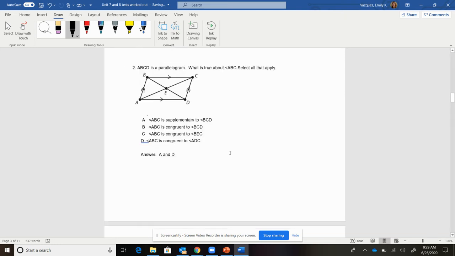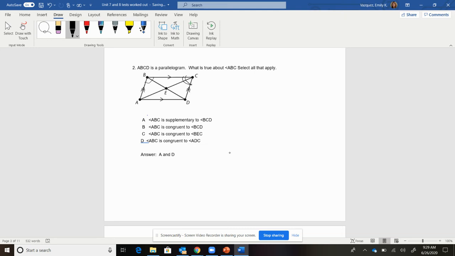Okay, let's keep on going. ABCD is a parallelogram. What is true about angle ABC? Select all that apply. So is angle ABC supplementary to BCD? Here's BCD over here. Okay, is it supplementary? Remember, supplementary means that you add up to 180 degrees.